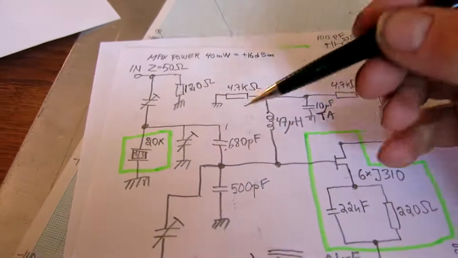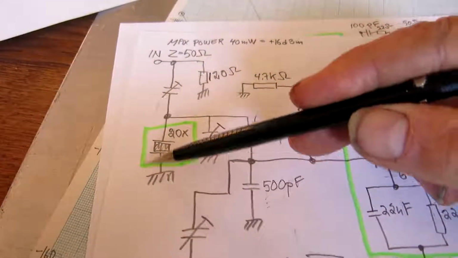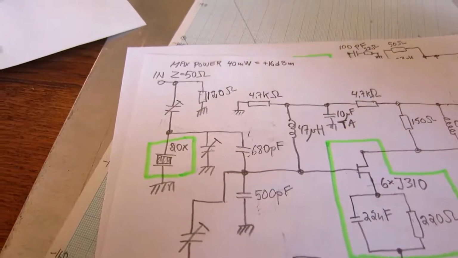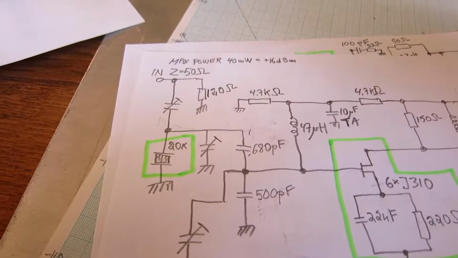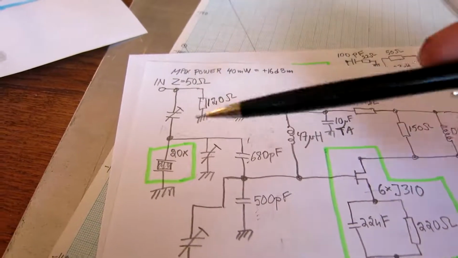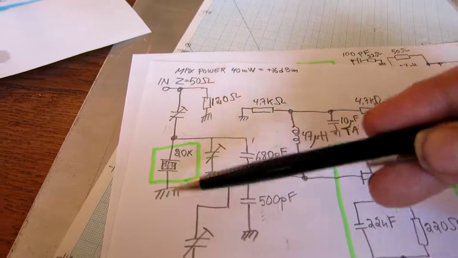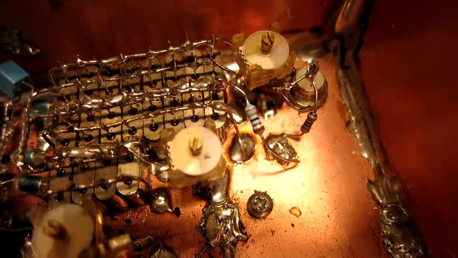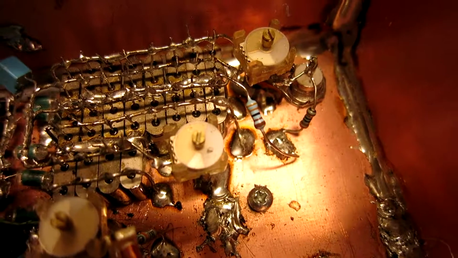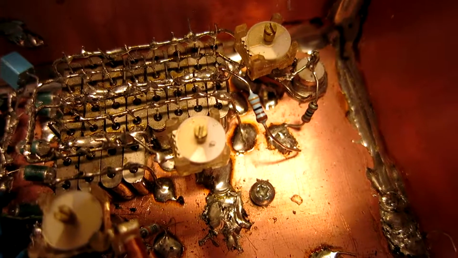I will put a resistor parallel to the crystals to degrade the Q and to load it to get half the signal amplitude, because that way I will see the impedance at this point. Now I placed a 3.3 kilo ohm resistor in parallel with the crystals.